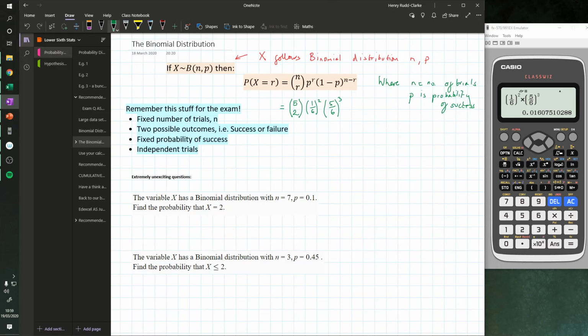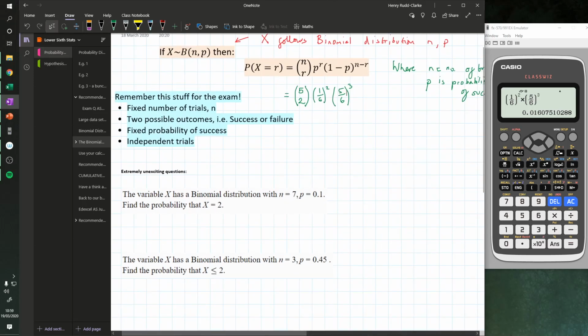Although you do have to be careful, because sometimes that can be confusing, because you think about a dice, there's actually 6 possible outcomes on the dice, but only one of them we considered a success. So in effect, 1, 2, 3, 4, and 5 were all the exact same outcome. Fixed probability of success, 1 over 6, and the trials are all independent of each other. Well, if I roll one dice, it doesn't affect what happens on the next dice.